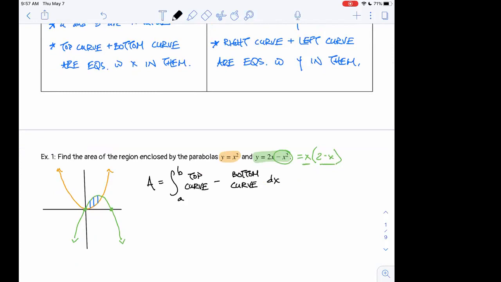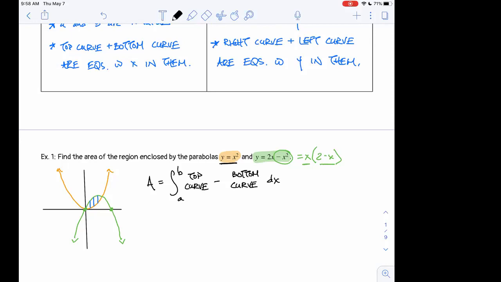Now, if I look at my equations, y equals x squared, does that equation have the x in it? Like x squared has an x in it, right? What about the green one, 2x minus x squared? Is that an equation with an x in it? Yes.